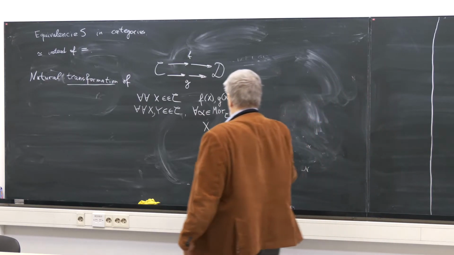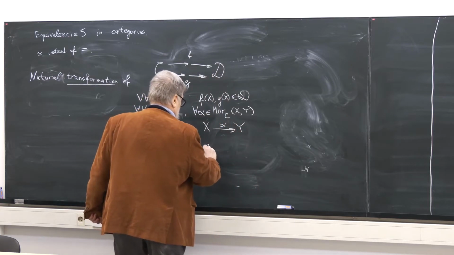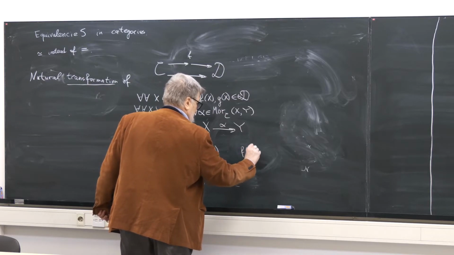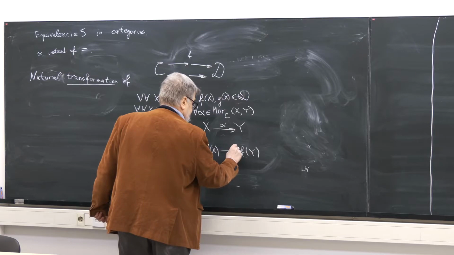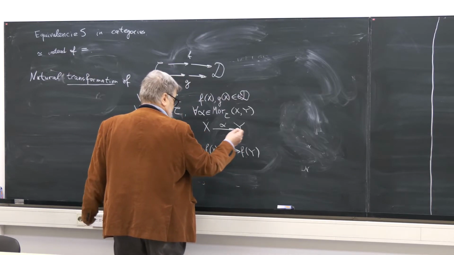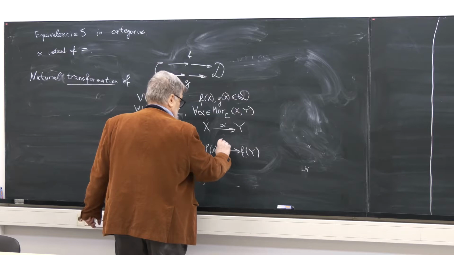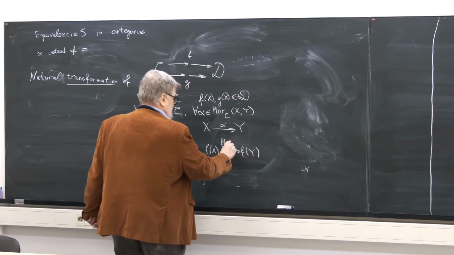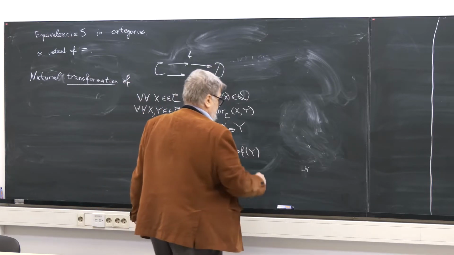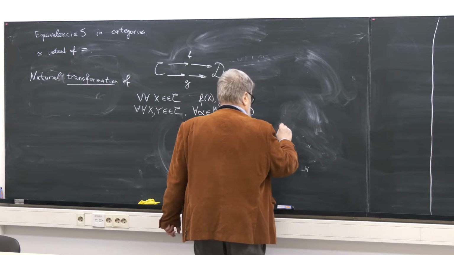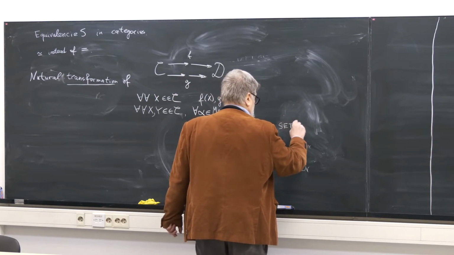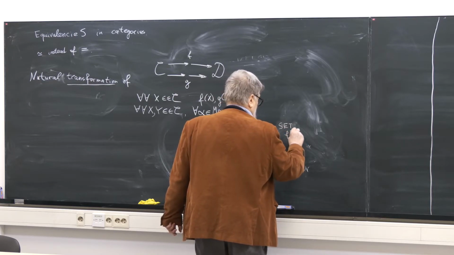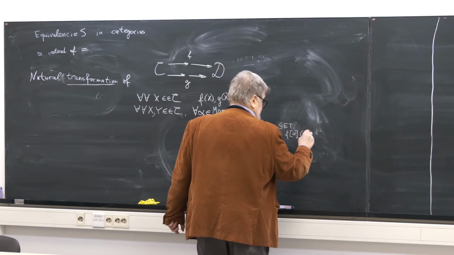And perhaps I better write it here for F of X and F of Y. Our functor is what you see, and I prefer square brackets, the usual notation from sets, F of alpha of x.